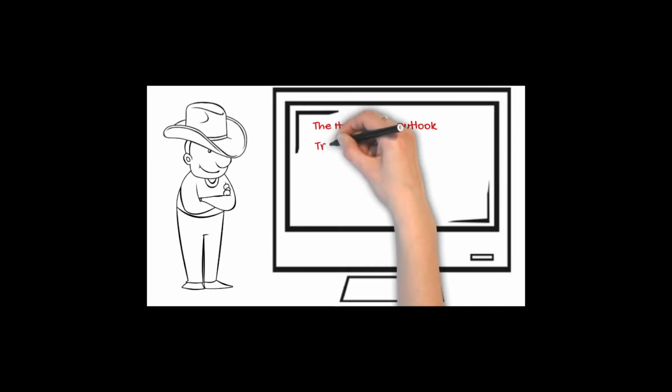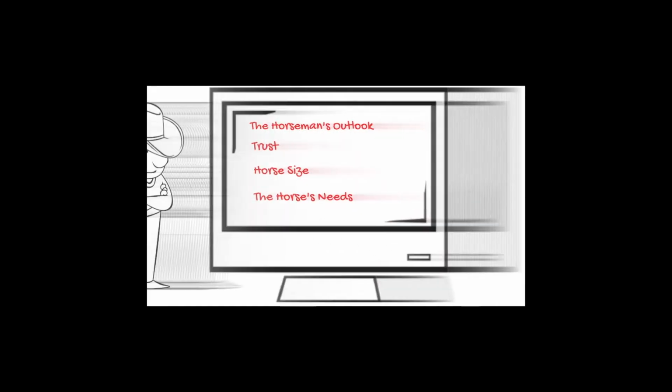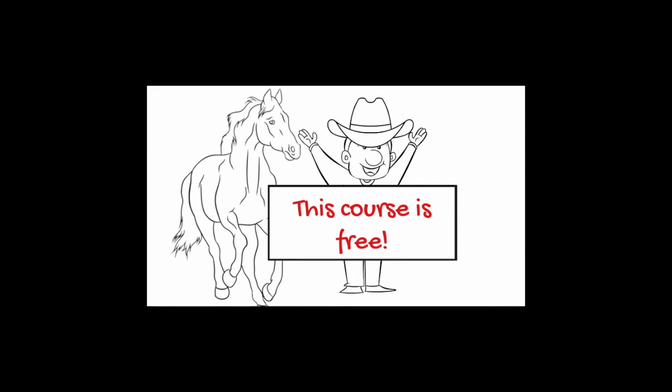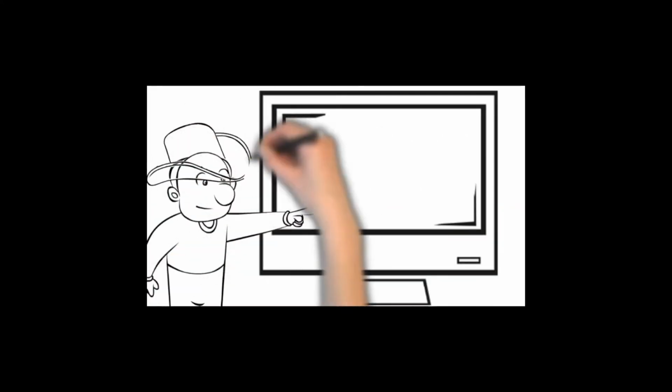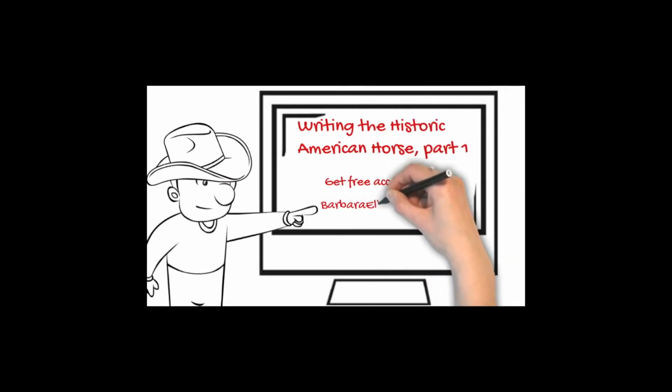In this training, you'll learn about the horseman's outlook, trust, the horse's size, and the horse's needs. And best of all, it's free. You can ride horses authentically. Start by accessing my free course at barbaraellenfox.com now.